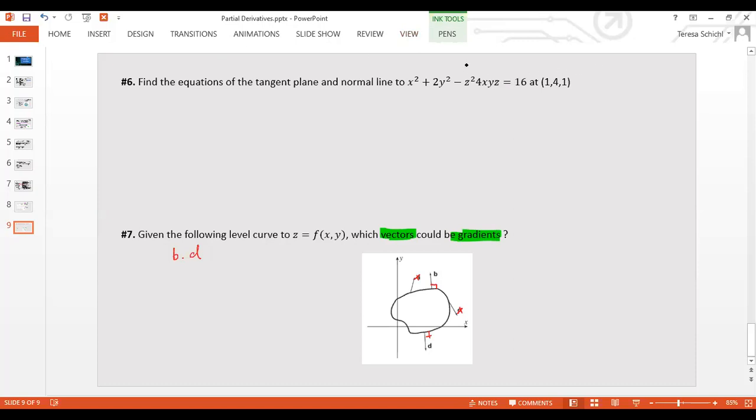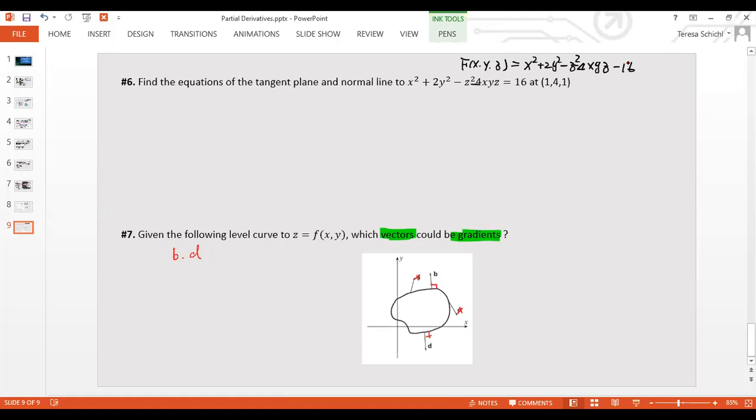So f of x, y, z equals, moving everything over, x squared plus 2y squared minus z squared minus 4xyz minus 16.